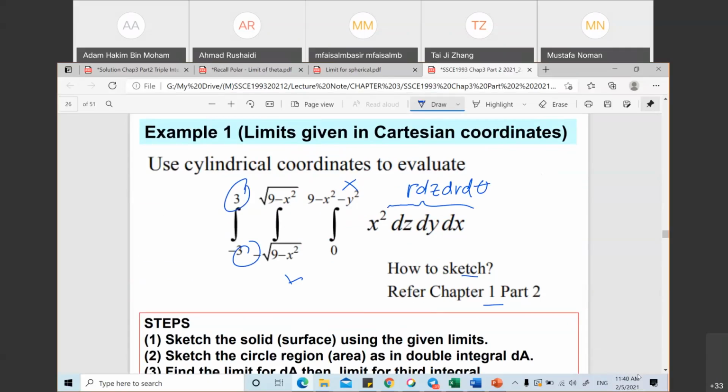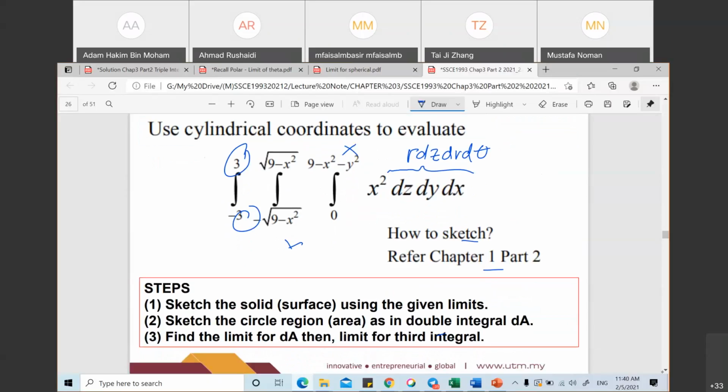So first you have to sketch this region, and then you have to see how the limit is described. So first we sketch. What is this actually? z equals 9 minus x squared minus y squared. This is a parabola. When z is 0, this is x squared plus y squared equals 9, a circle of radius 3.